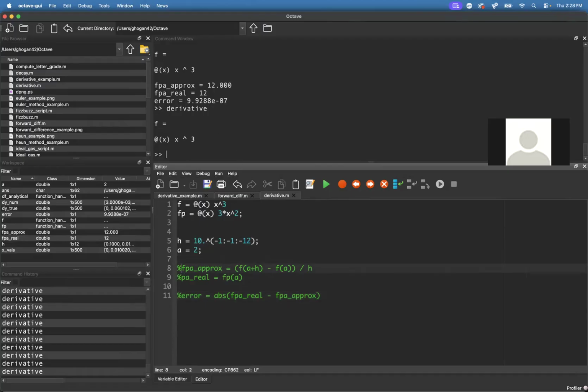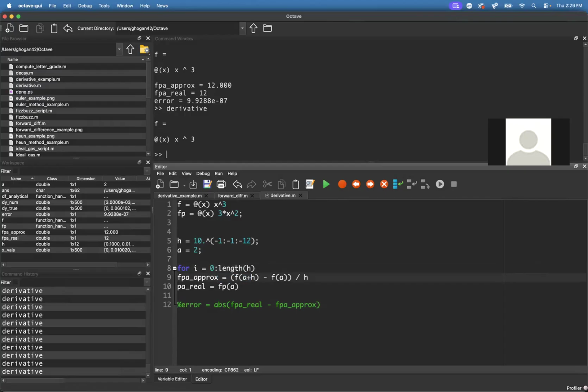And then we're going to take this work here and wrap it in a for loop so I can find the error for each h value. So we'll go from for i equals 0 to the length of the h vector. And there I decide I actually want to call that hs and not h. And then in here, I will get an h value from my hs.